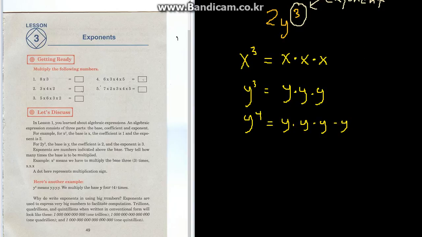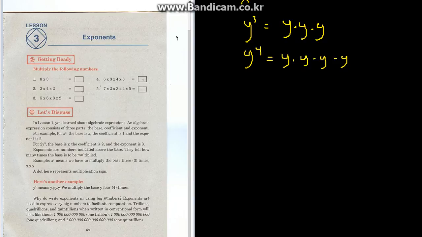Say we have a number that's really large, really big, like 1 trillion. A trillion has 12 zeros. So 1 0 0 0 0 0 0 0 0 0 0 0. Every time you write 1 trillion, we don't want to write this long number right here.